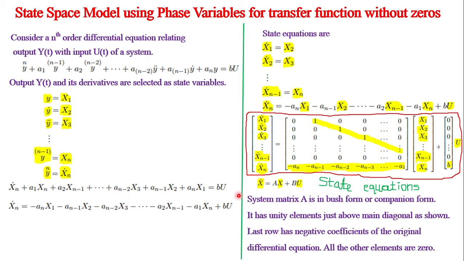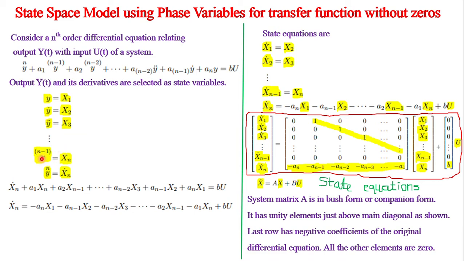This concept we already know. So we have written one state equation. The rest of the equations are very simple because y is x1, y dot is x2. What is y dot? x1 dot, x1 dot is x2. y double dot is x3. What is y double dot? y double dot is x2 dot, etc. So here yn minus 1 is xn, means xn minus 1 dot is xn.